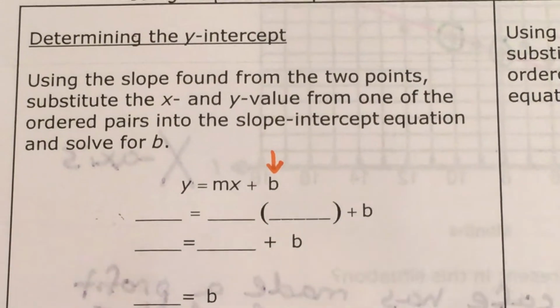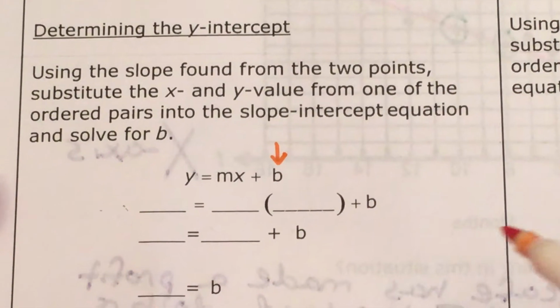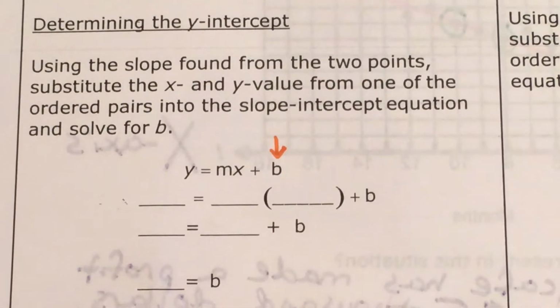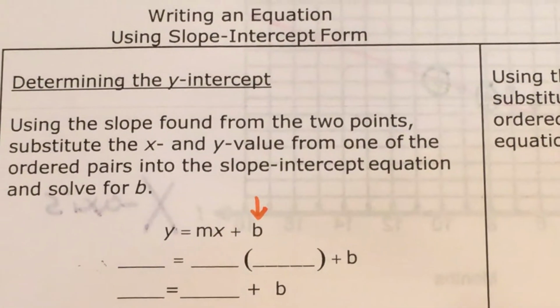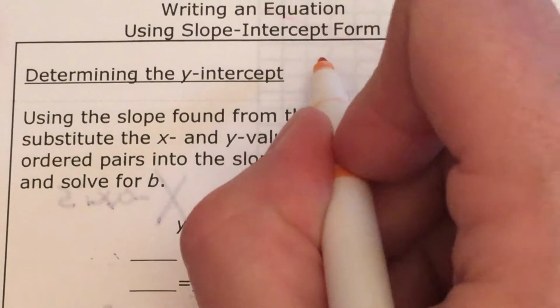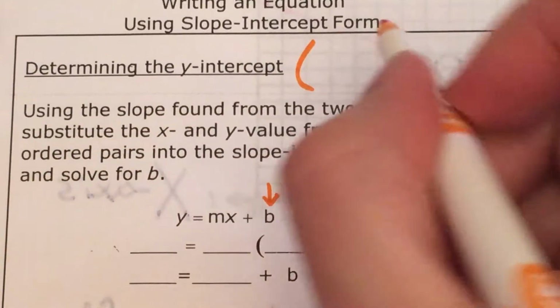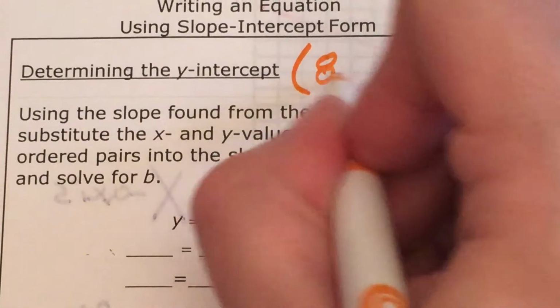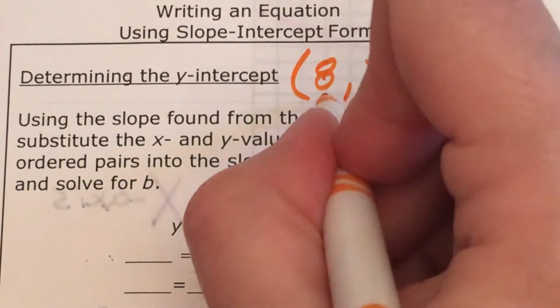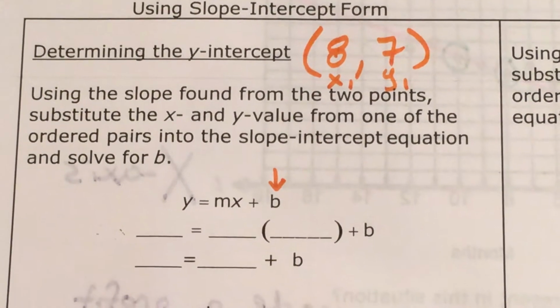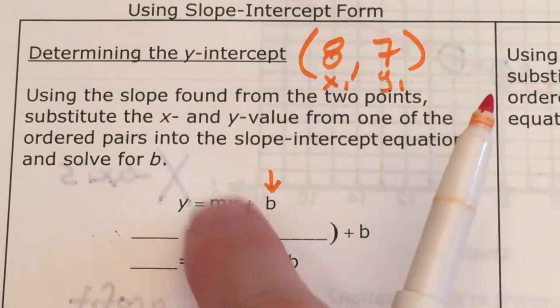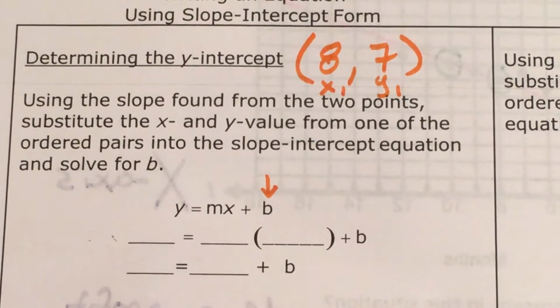Okay, so I'm looking for that b, and we can use our x1 and our y1 from earlier in the problem to help us do that. So we had our coordinate point of 8, 7. This was x1 and y1.